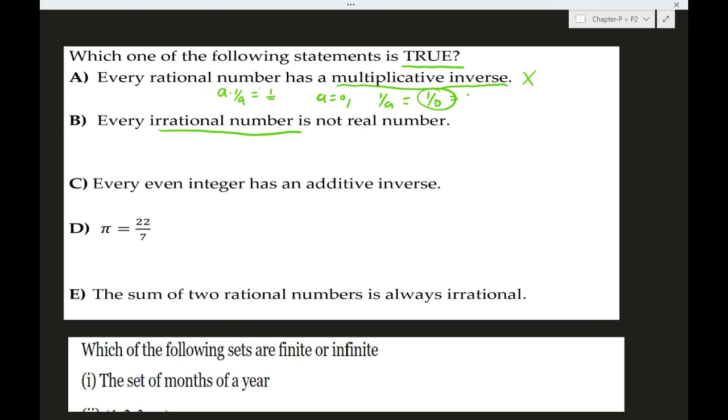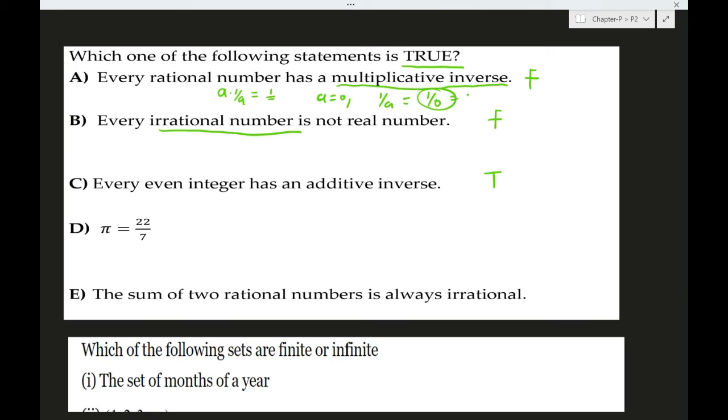Here, every rational number has a multiplicative inverse. So let's put it here, this is false. Every irrational number is not a real number. This is also false.